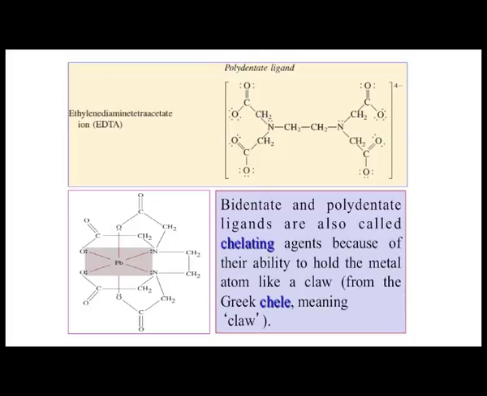So, starting from the analytical chemistry application of EDTA, we can have a medicinal value of EDTA, because EDTA is present everywhere; we also use it every day in toothpaste.